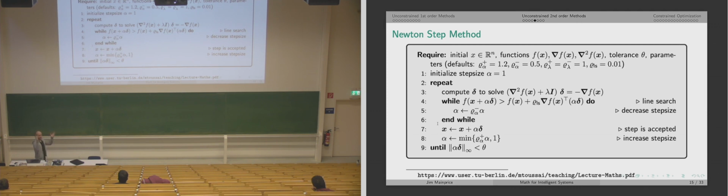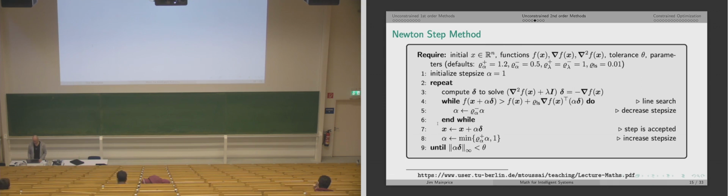But when we are nicely positive definite, then it would converge to the Newton method. We would apply line search with the Wolfe condition, and that's it. So that's the typical Newton method that you have implemented everywhere.